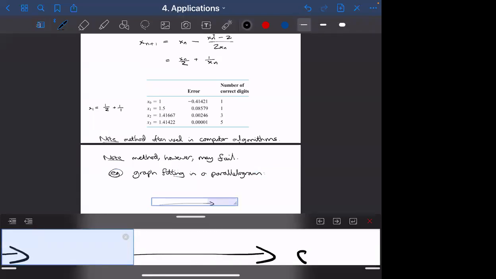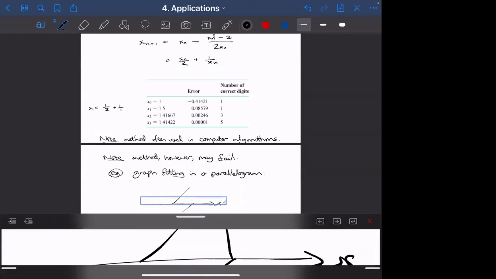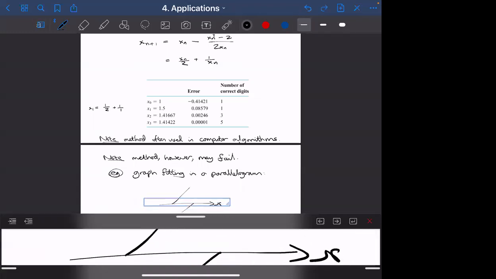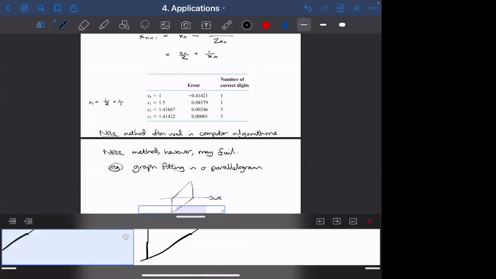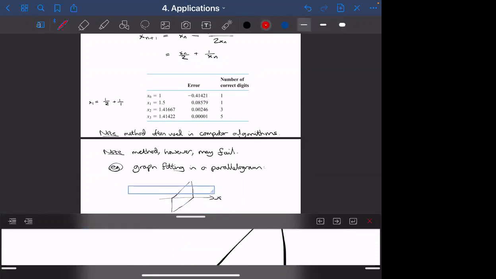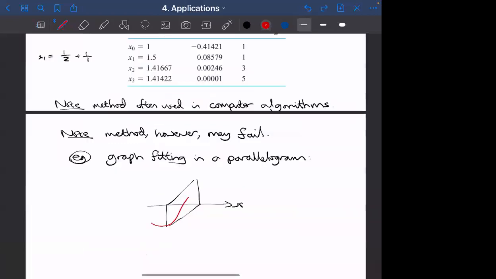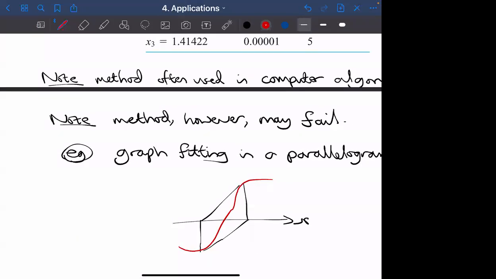So if I have the x-axis here and a parallelogram like this, my graph goes like this, and then let's call these points A and B.